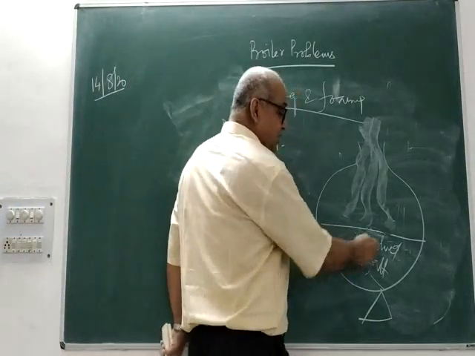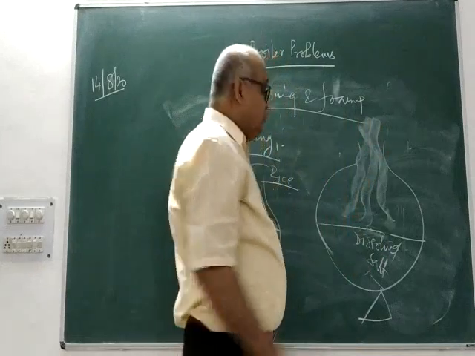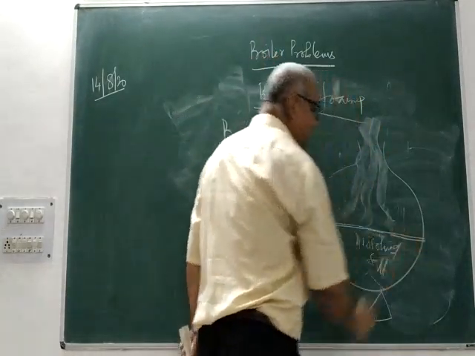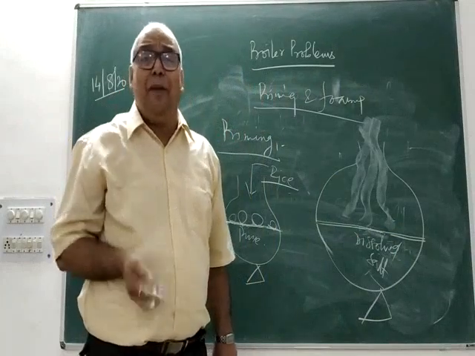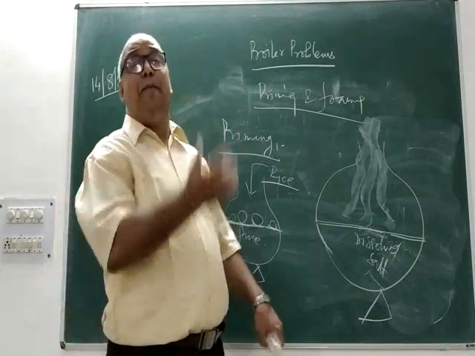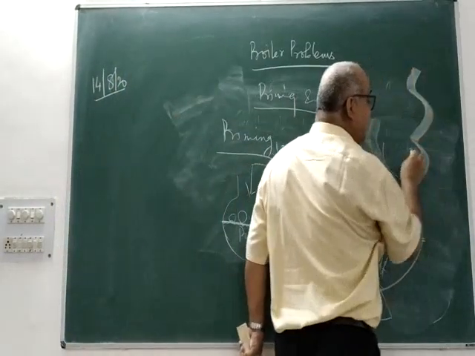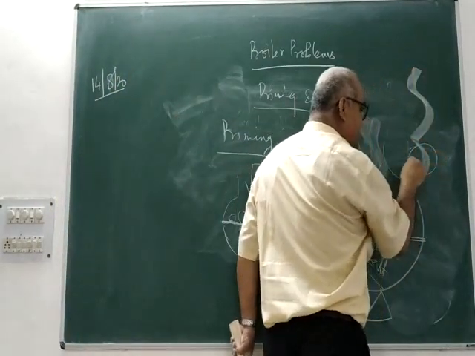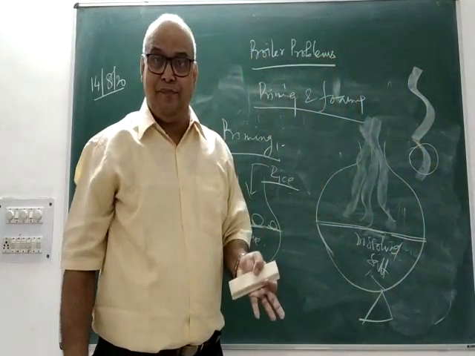Since this water contains dissolved salt, steam is going out. On the surface, water bubbles of bigger size will be produced, and they will be jumping like anything. And during jumping, there is every possibility that water bubbles will come in the way of the steam going out.